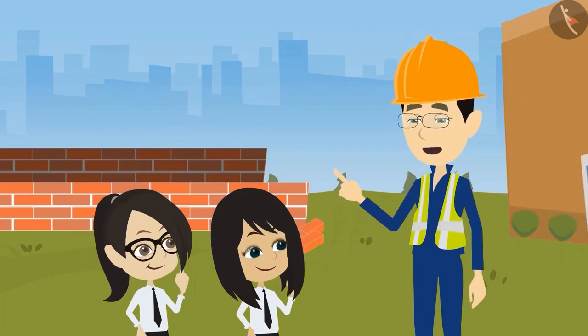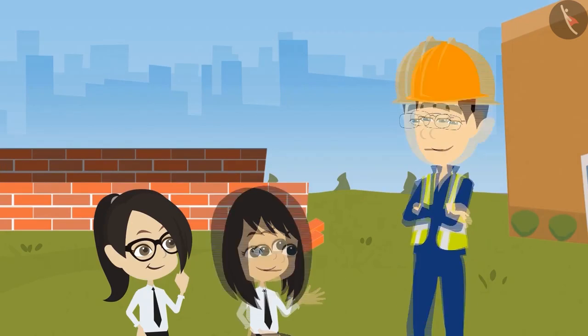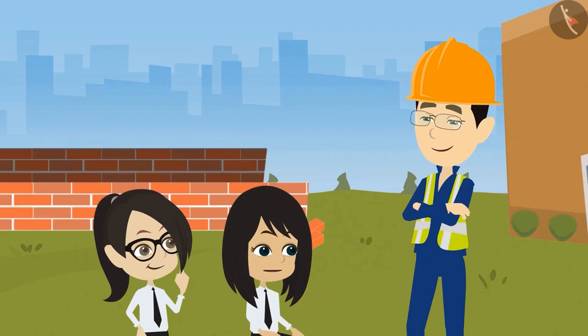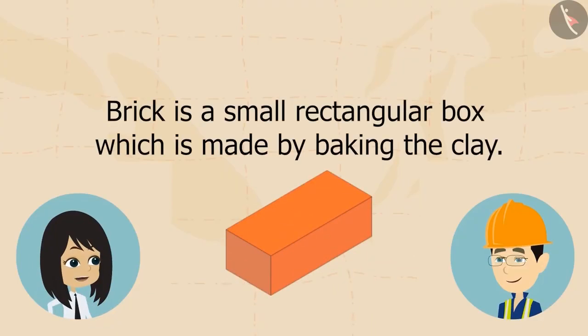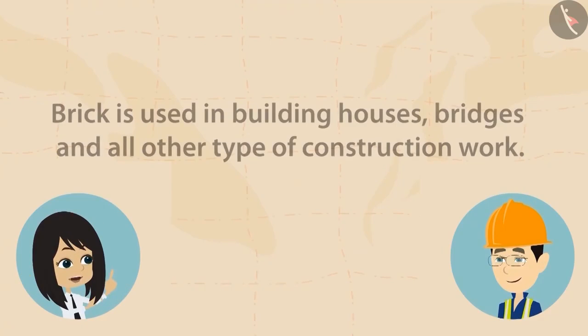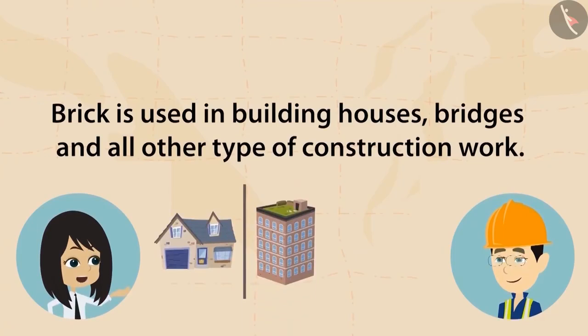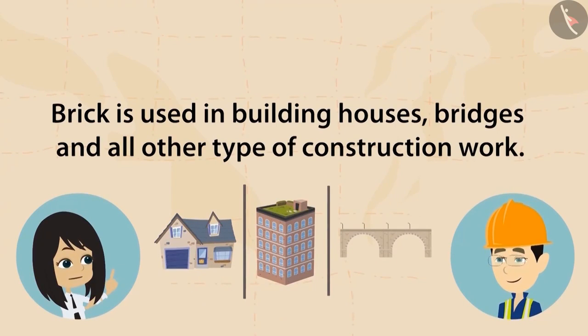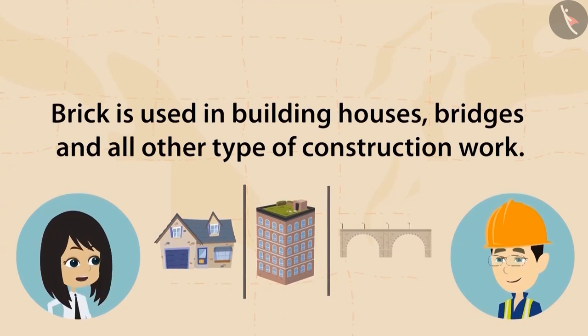I will give it to you. But before that, let's recall what I told you last time. Sir, last time you told us brick is a small rectangular box which is made by baking the clay. Brick is used in building houses, bridges, or all other types of constructions.